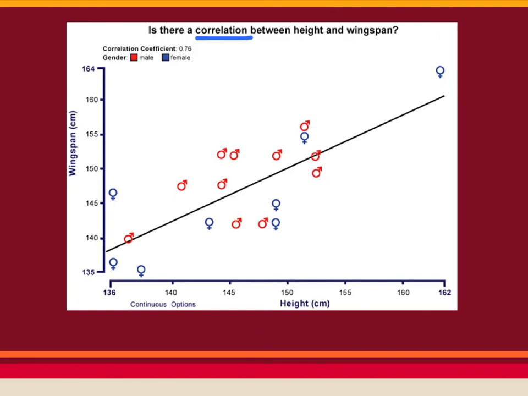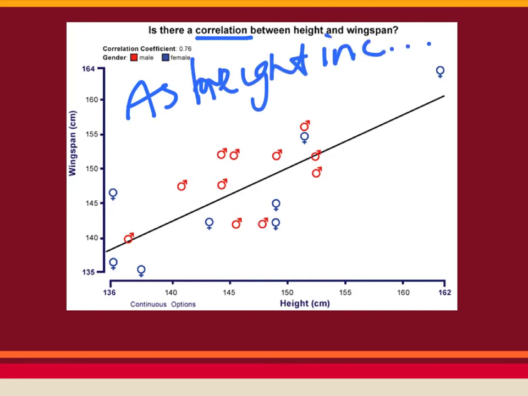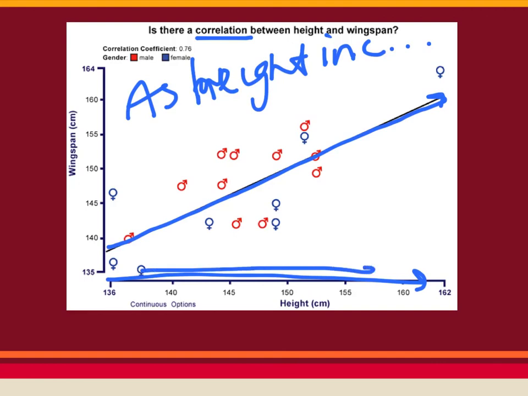All right, again, we can say as height increases. So I'll write that. As height increases, ask yourself, what's going on as height increases? As we move along the x-axis, what's happening along the y-axis? Well, clearly, we see there is some kind of trend going here. So we see as the x-axis moves rightward, we see the y-axis moving upward.